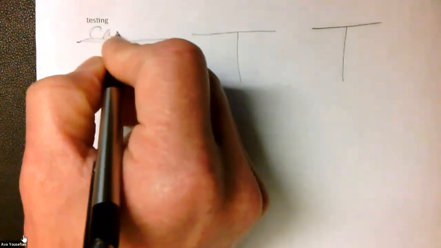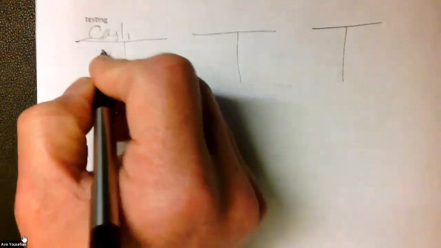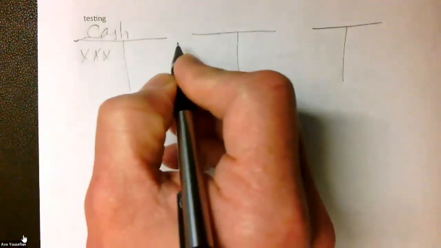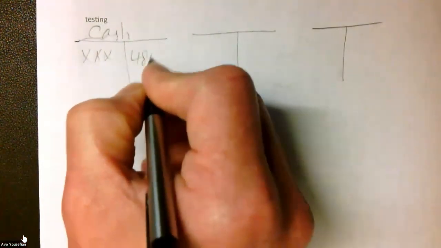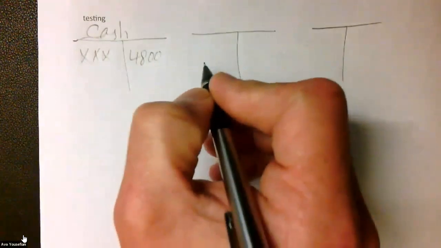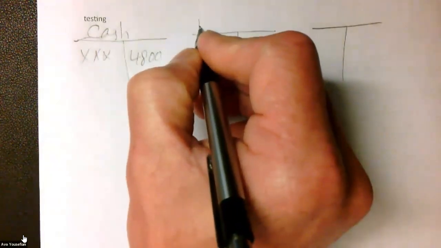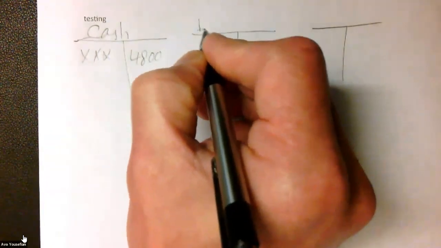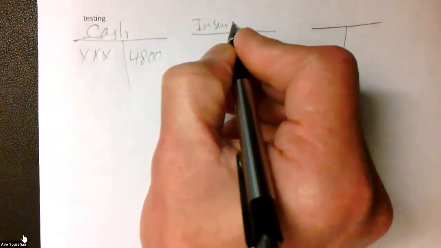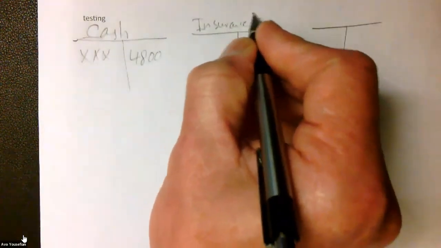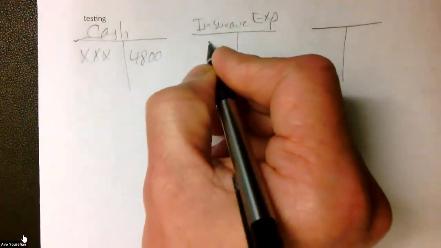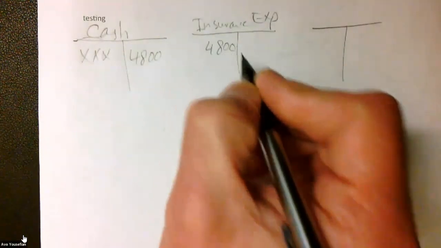So here is the cash account. We pay the $4,800, that cash goes out of pocket. That's a credit, and we record insurance expense in this scenario for $4,800.